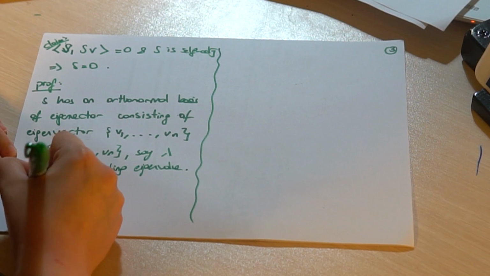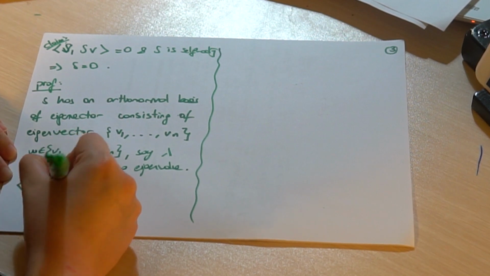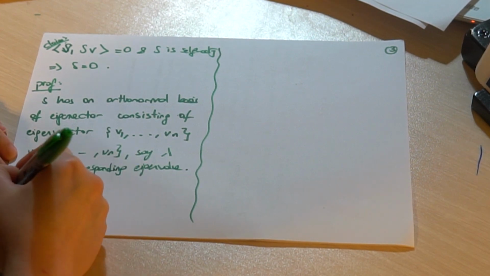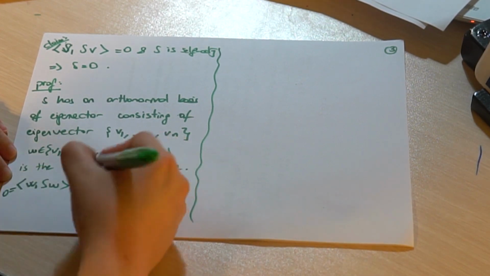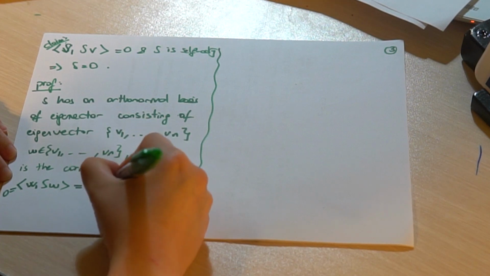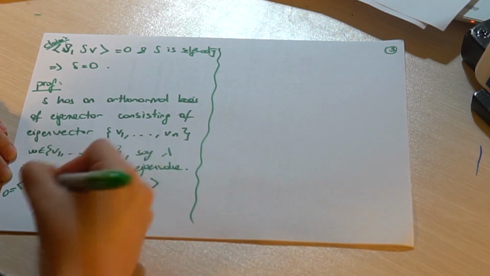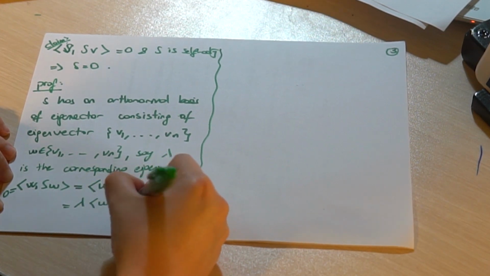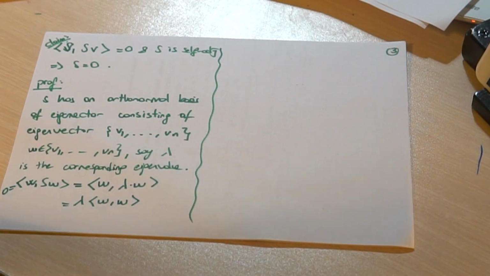Then we have <Sw, w>, and this is equal to 0. And we know that Sw is lambda times w. So this is equal to lambda times <w, w>.